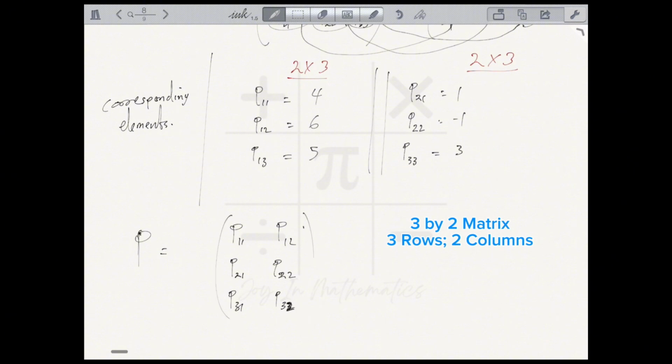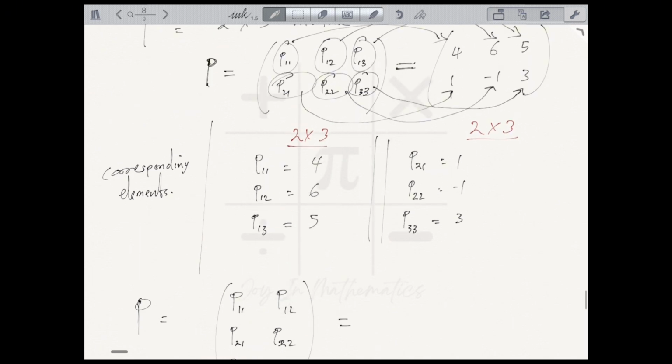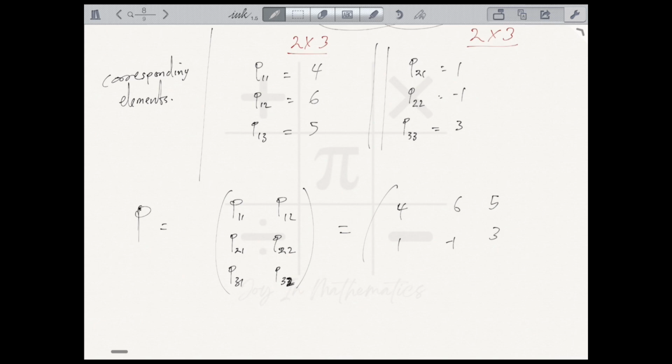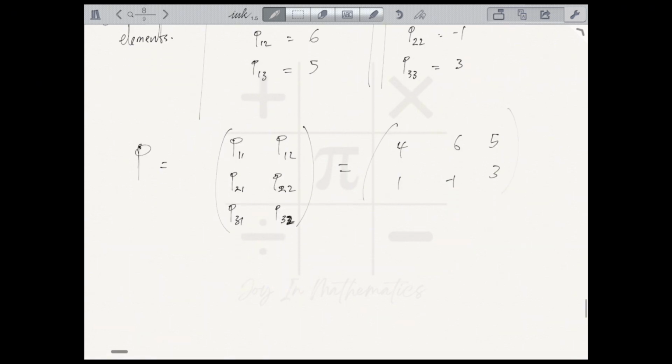Now can we say that this is equal to what we have here, 4, 6, 5, and 1, minus 1, 3? Are they equal?